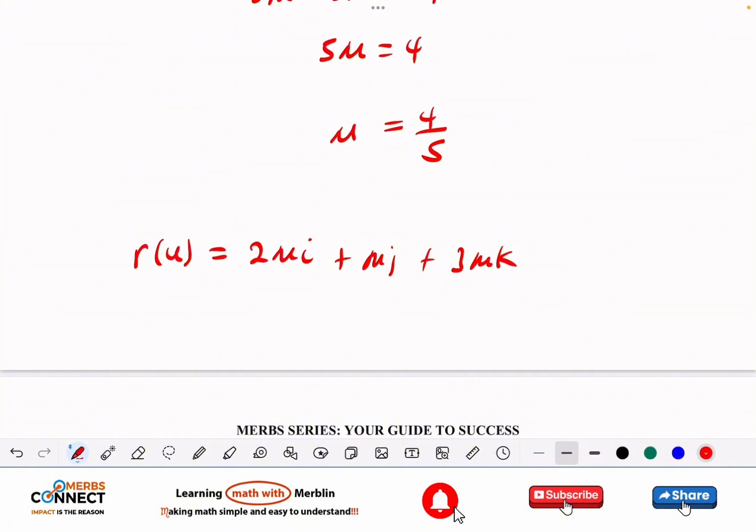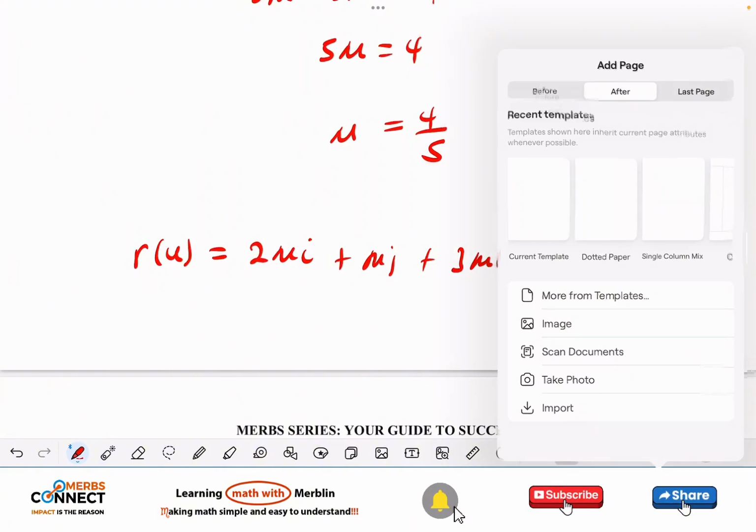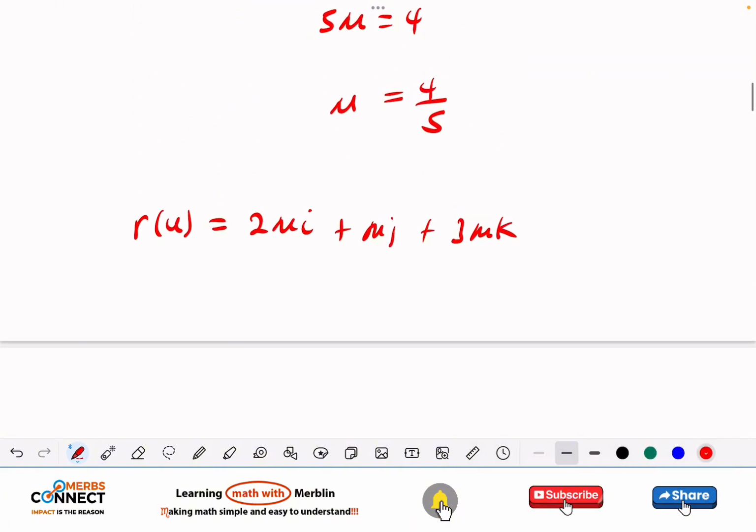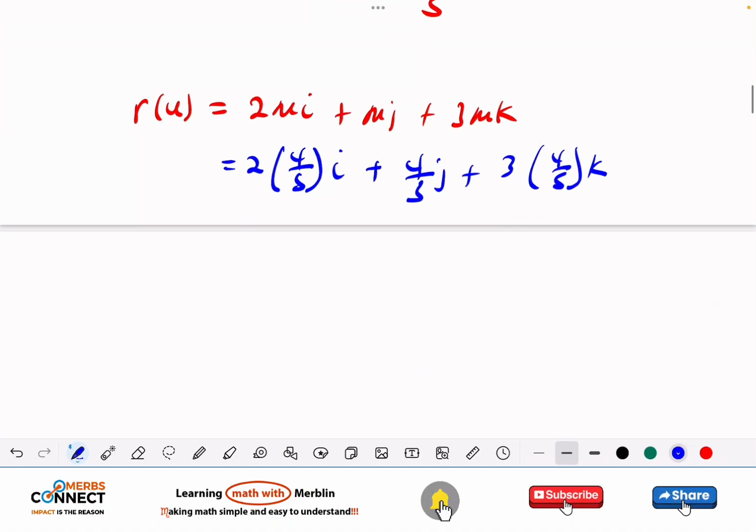So let's put mu inside. So we are going to have 2 times 4 over 5 i plus 4 over 5 j plus 3 times 4 over 5 k. Let's simplify this and we are getting 8 over 5.